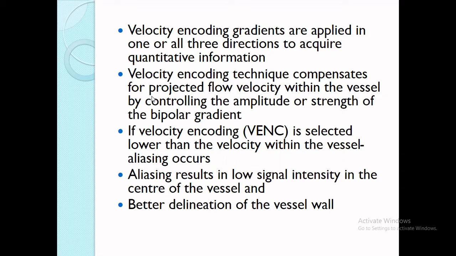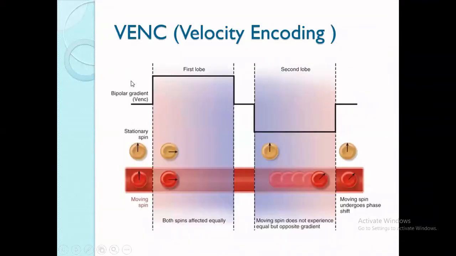The velocity encoding technique compensates for projected flow velocity within the vessel by controlling the amplitude and strength of the bipolar gradients. So if you are applying this, this height represents the amplitude, the strength of this particular gradient, and the change from here to here is the time.